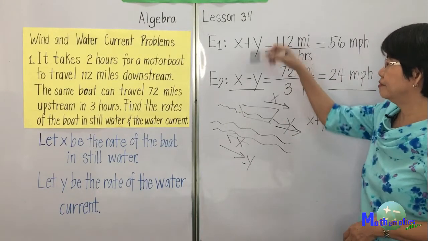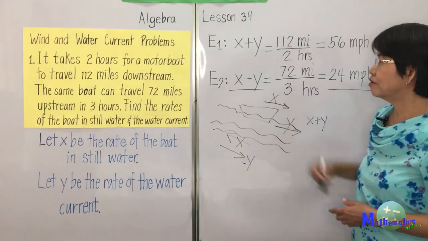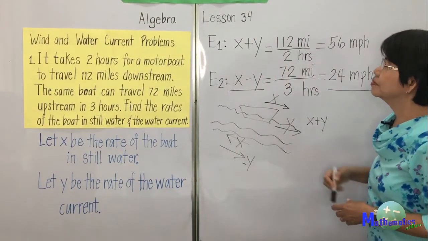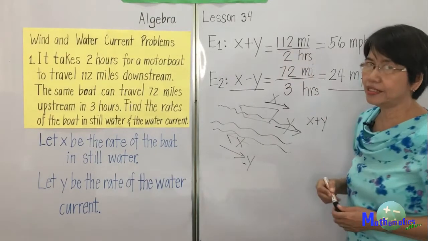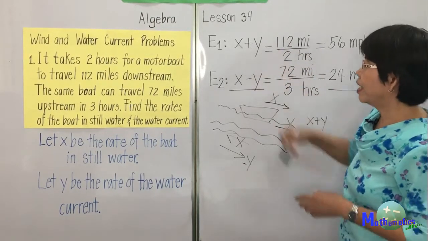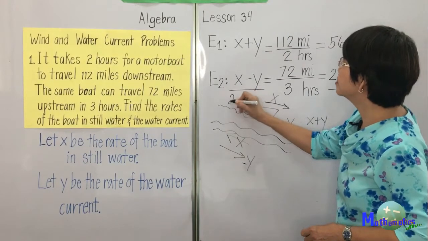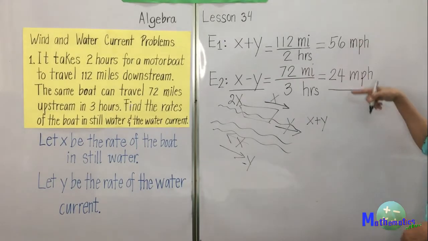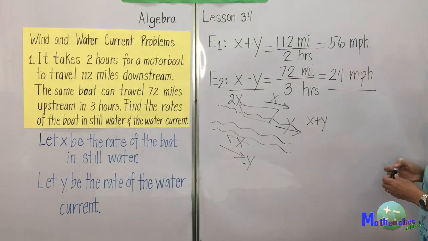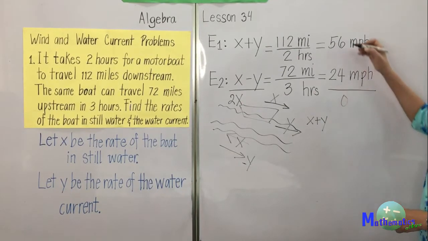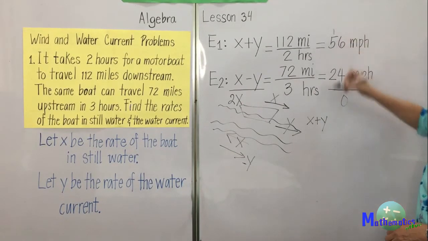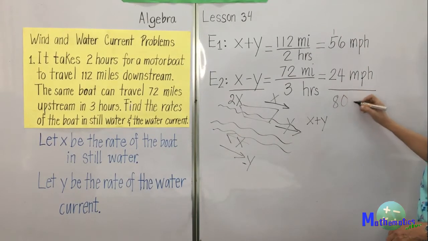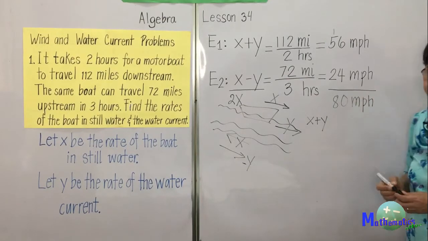And we can directly subtract or add these two. So we have y minus y equals 0, and we have eliminated y. So we have 2x is equal to, we'll add here because this is the simplified amount, 56 plus 24, which is 80 miles per hour.